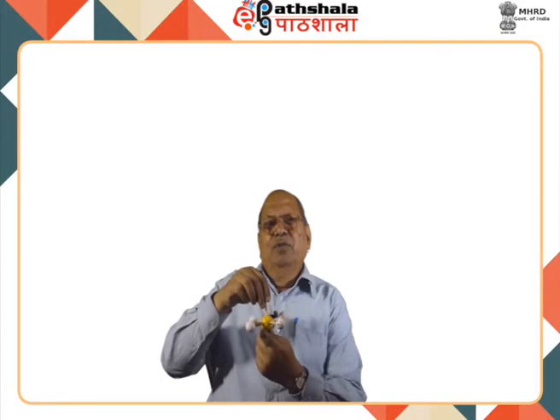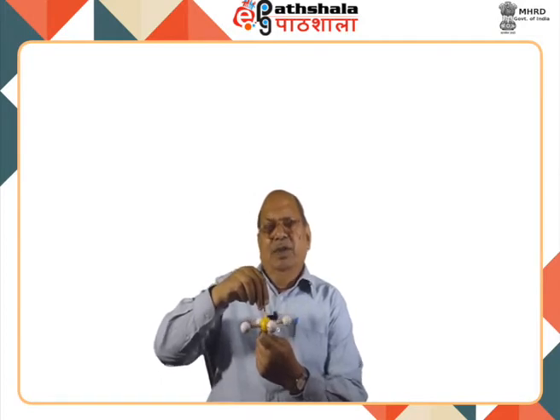Say if I am performing C4 rotation, C4 rotation means 90-degree rotation on this molecule. What happens? All fluorine atoms are shifted, only the xenon atom is not shifted. So, by performing various symmetry operations on this molecule, I will see how many atoms are shifted and how many atoms are not shifted.